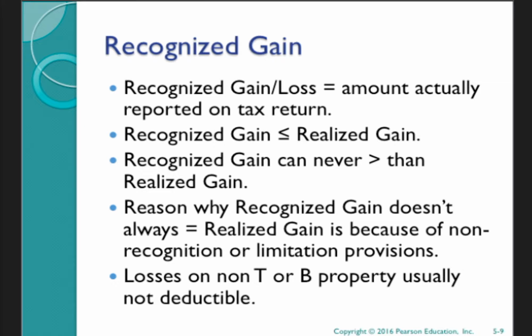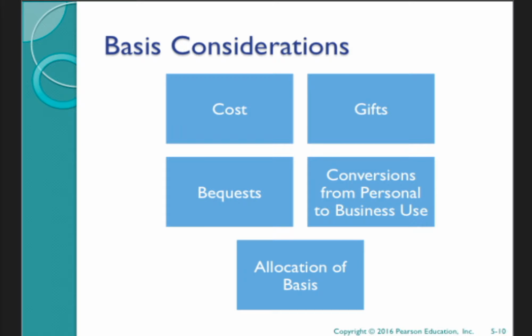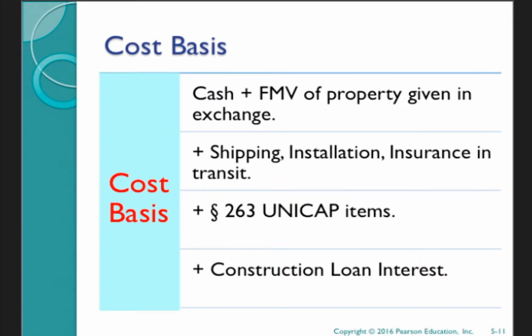Okay, so let's talk a little bit about basis. These are some considerations, some areas that may affect basis. For instance, cost basis would be cash plus fair market value of any property given to you in the exchange.